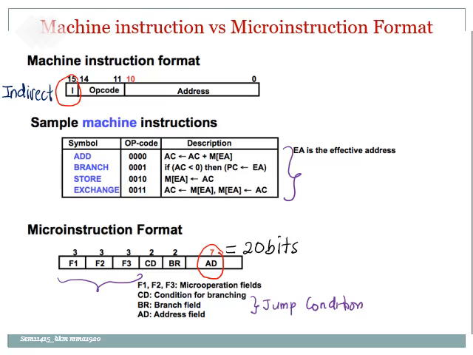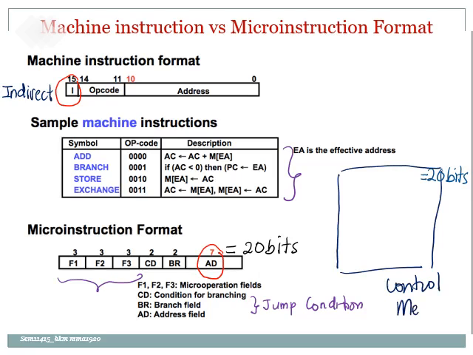If it's 7 bits, what does it mean? It means that in our control memory, the one in the middle of the control unit, we have 2 to the power of 7, which is 128 words of control memory.